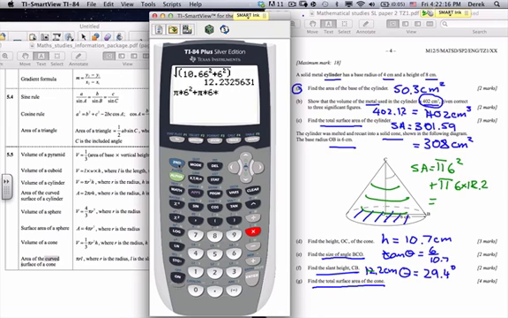So I may as well use the accurate version of that by my answer, and I get my total answer there is 343.67757. It's always good to put in an accurate answer and then to round it down to your 3 significant figures. So 344 centimeters squared.